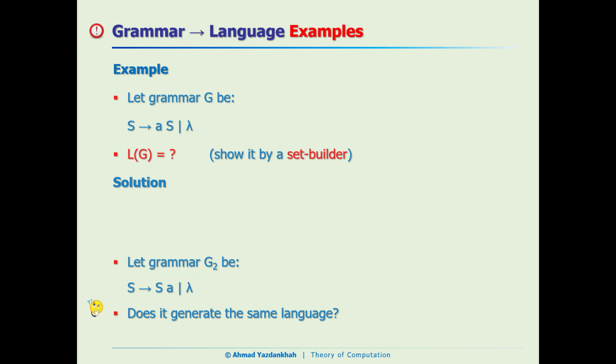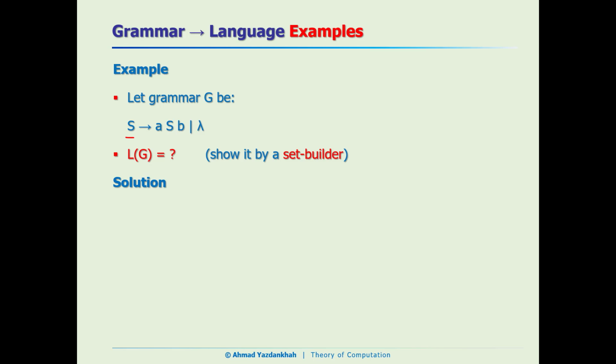Another example. This one, S, is defined as A S B, or lambda. The question is, what is the L of G? Let me imagine what strings it can produce. Definitely the first one will be lambda, like we explained in the previous slide.